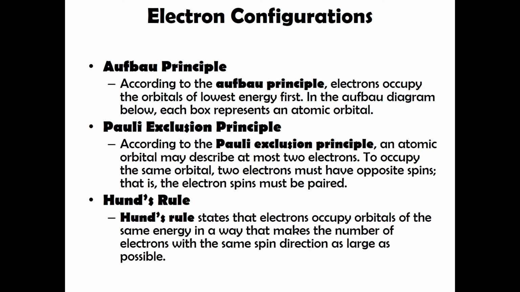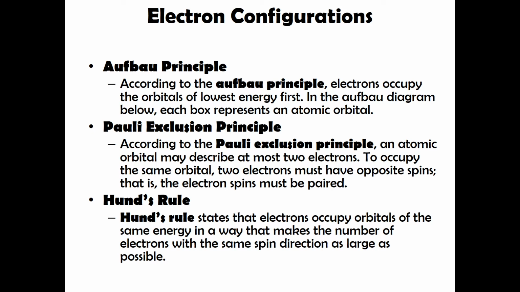What the Pauli exclusion principle states is that we can have at most, in one orbital, a spin-up electron and a spin-down electron. Hund's rule states that in a subshell, such as the 3p's, which has 3 orbitals, at most 6 electrons can go into all 3. If we add an electron at a time, by default we usually assume spin up, but it could be spin down, it doesn't really matter.